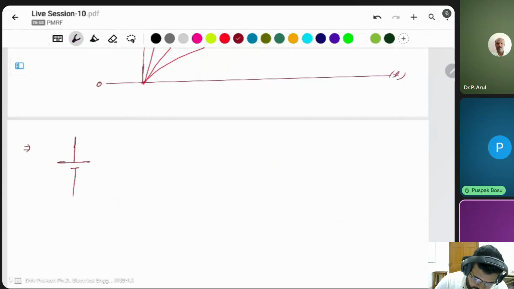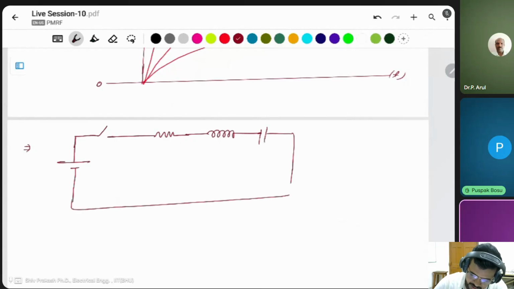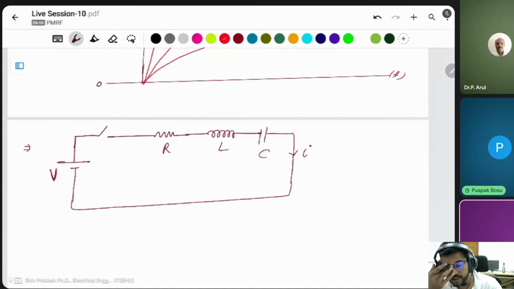Suppose this is some voltage source, and the resistor, inductor and capacitor are connected in series. It is a DC source, not an AC source. If there is an AC source, it will operate very well, with no damping types, because the input voltage is only sinusoidal.